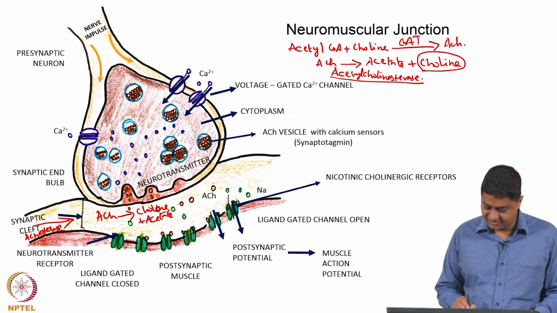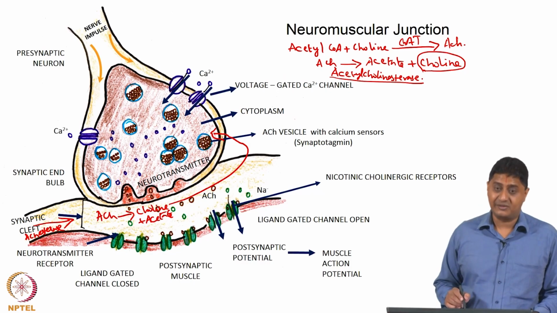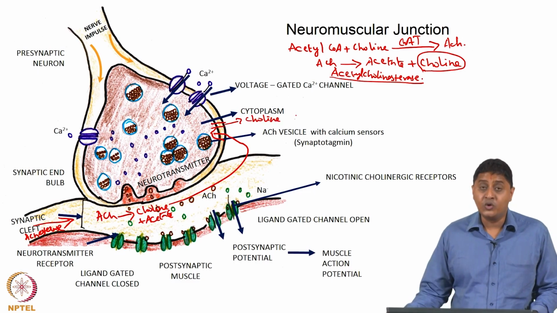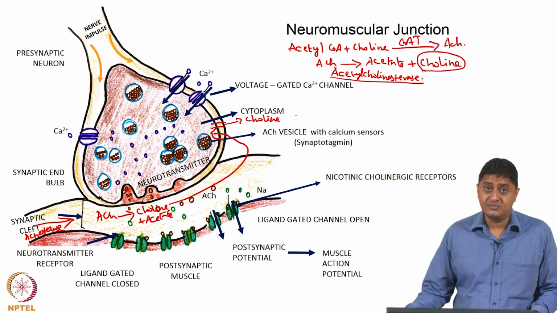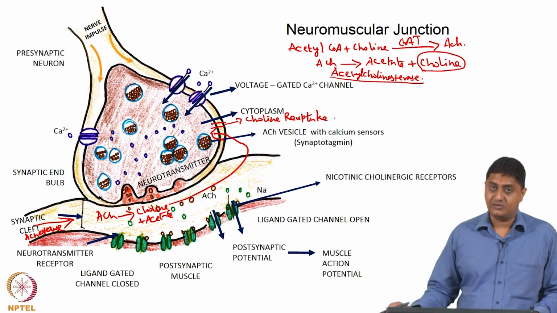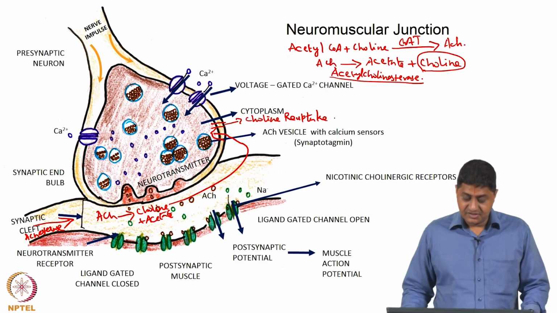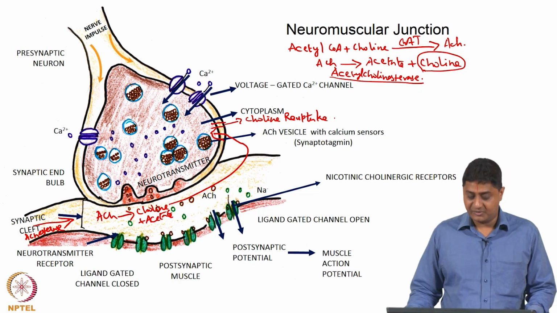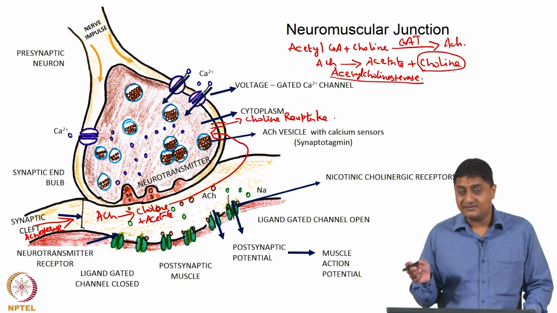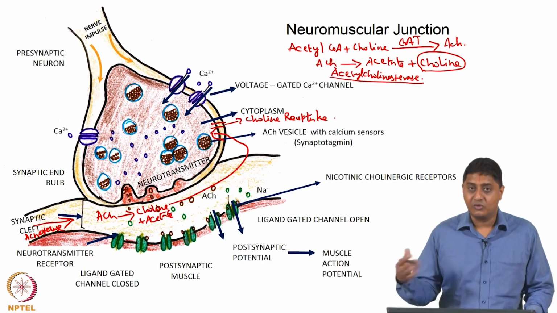The acetate group escapes the system, whereas choline is reuptaken into the presynaptic terminal by what are called choline reuptake mechanisms. So there are mechanisms to bring choline back into the presynaptic terminal, and this choline will be recycled by choline acetyltransferase to make more acetylcholine.